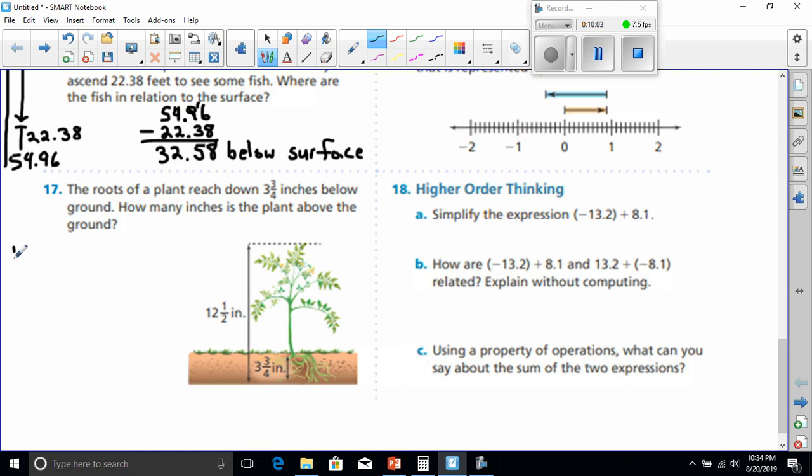We have the problem 12 1/2, and we need to subtract 3 3/4 from it. Well, we know that when we are combining fractions, our denominators have to be the same. So in this case, we're going to have to turn that 2 and that 4 into common denominators.